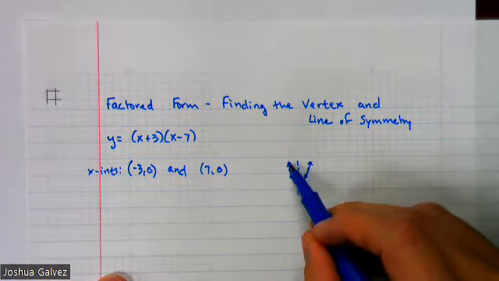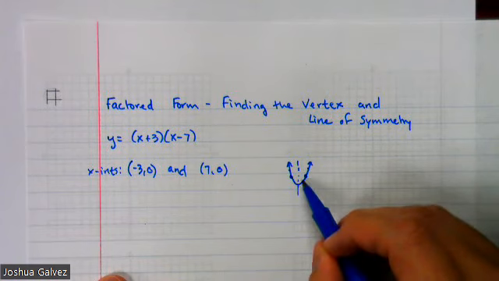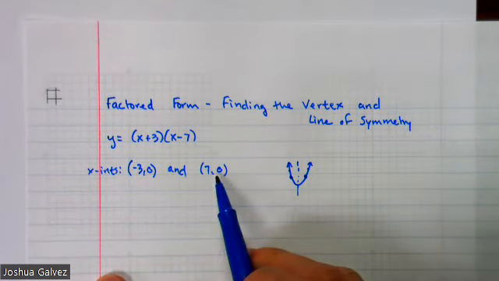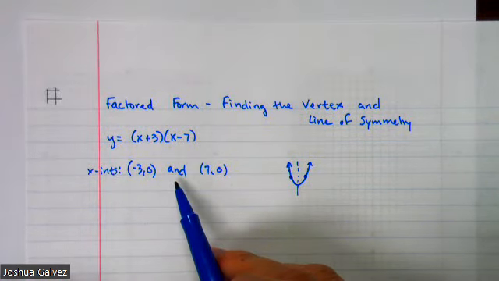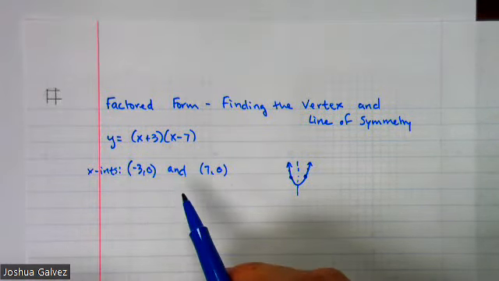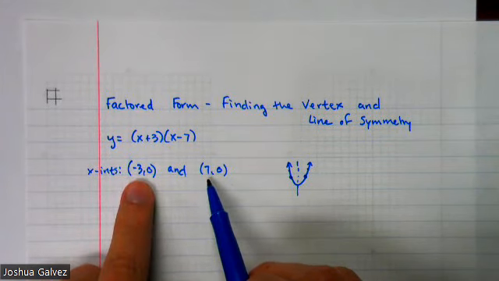So by using this information and the fact that we have two x-intercepts, what we can deduce is that these two points are mirror images of each other across the line of symmetry.